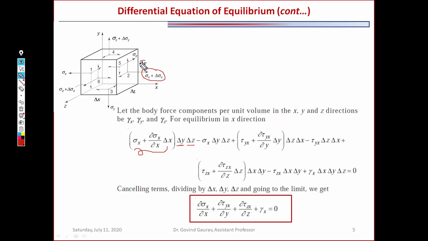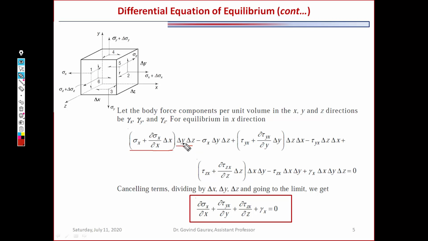This one is delta y and this one is delta z, the elemental area. To calculate the force acting in the x direction, we multiply the value of the stress by the elemental area.